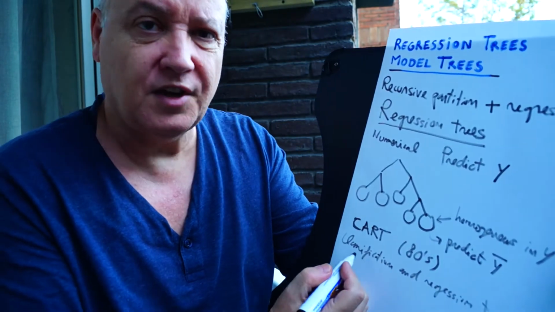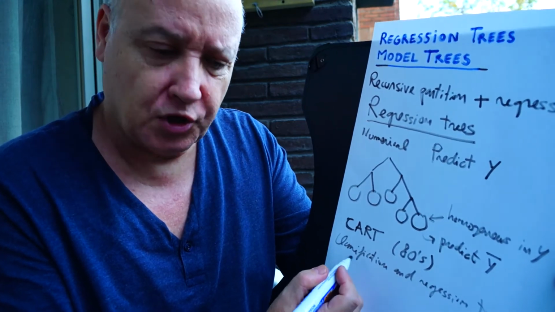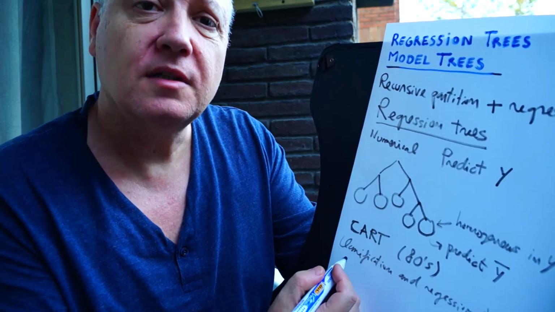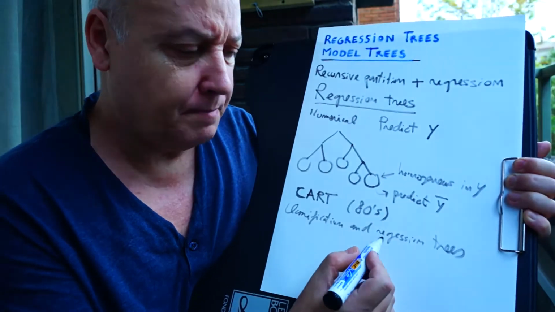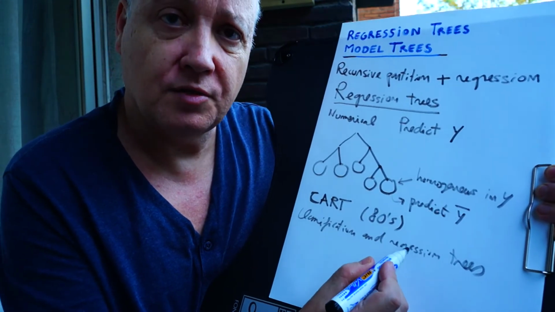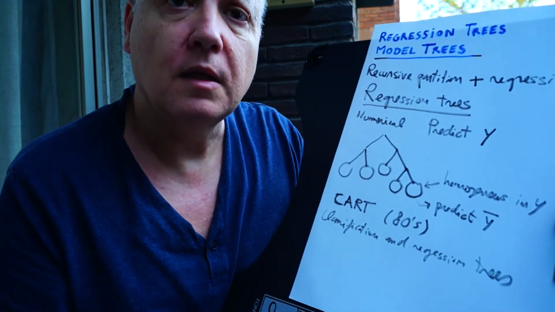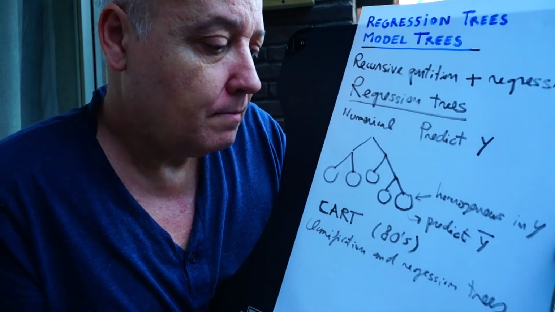So for classification, it's meant what we saw as decision trees. So this first part is decision trees, and then the next part, regression, is what I'm explaining now, which is for predicting numerical variables.